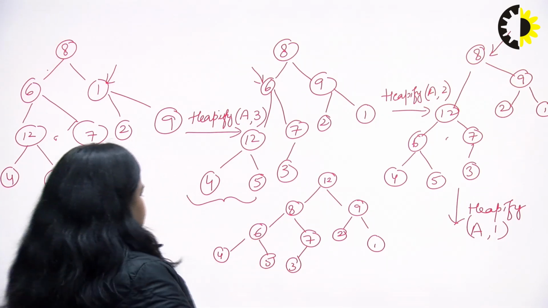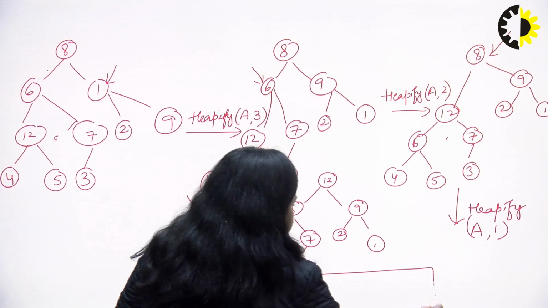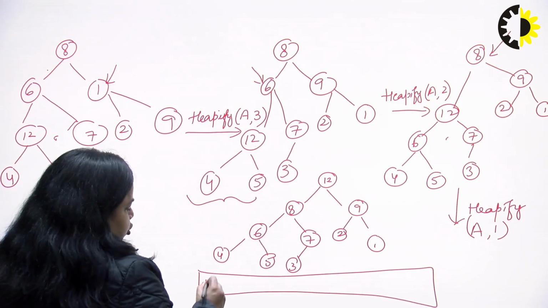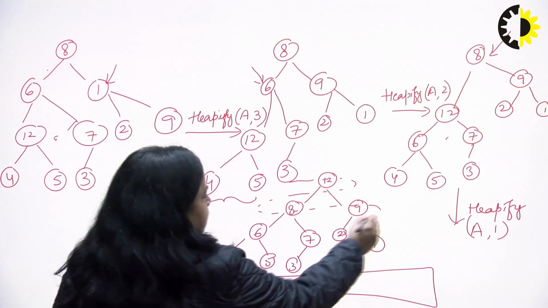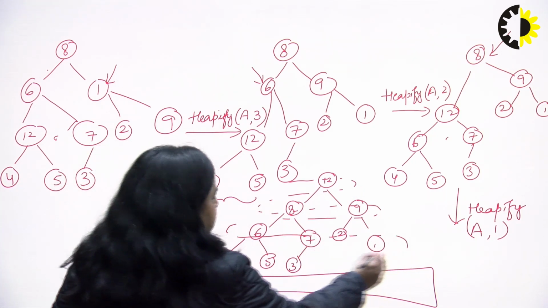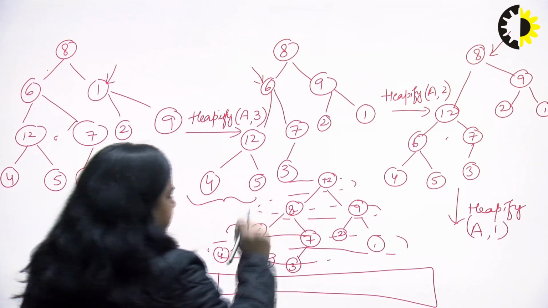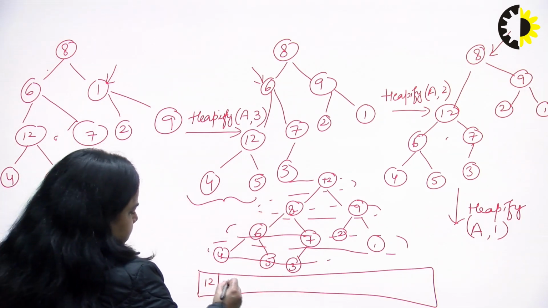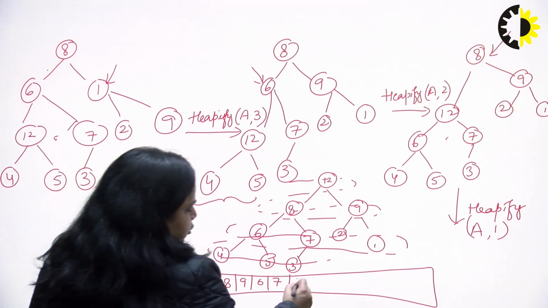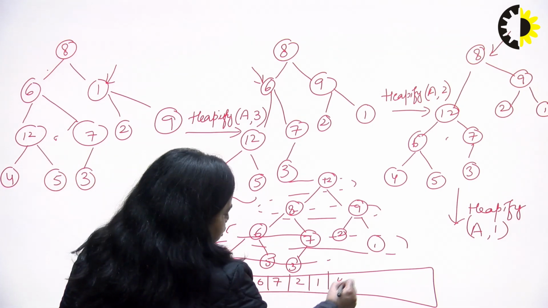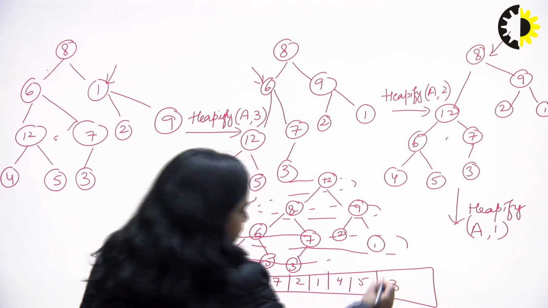Now what we need to do, we have to generate an array again. 12, we have to write it in this manner. Right? So we are getting 12, 8, 9, 6, 7, 2, 1, 4, 5 and 3. Right?